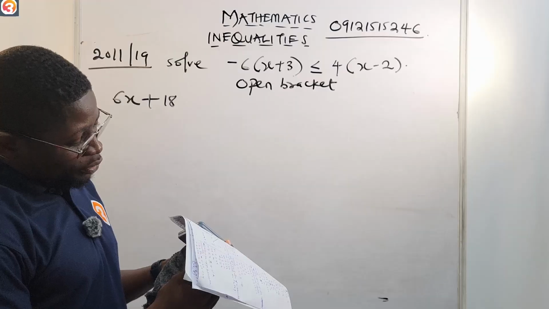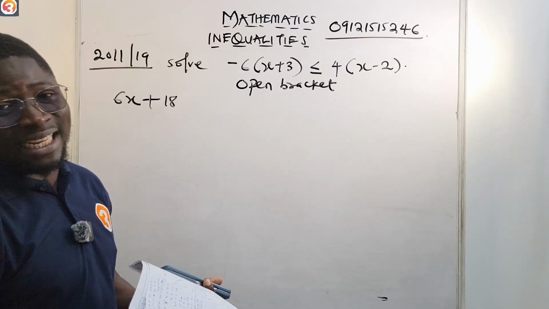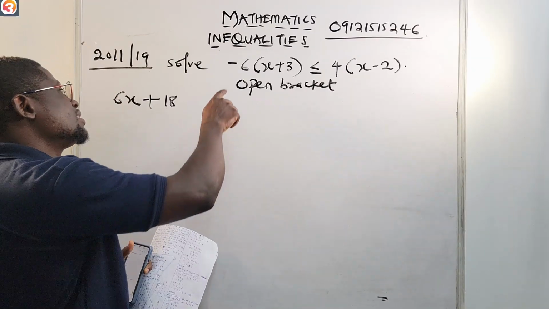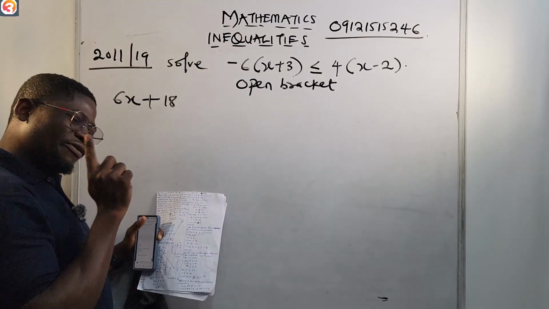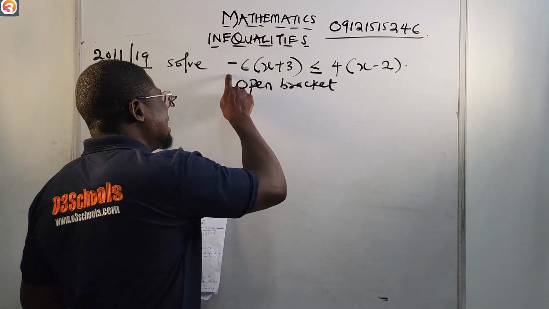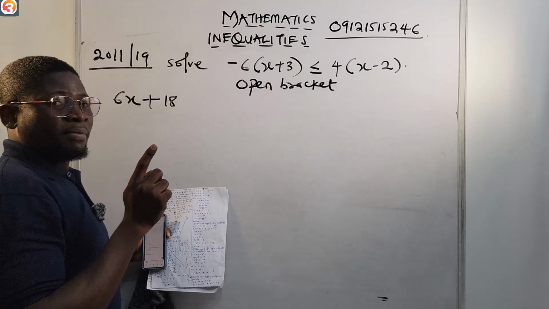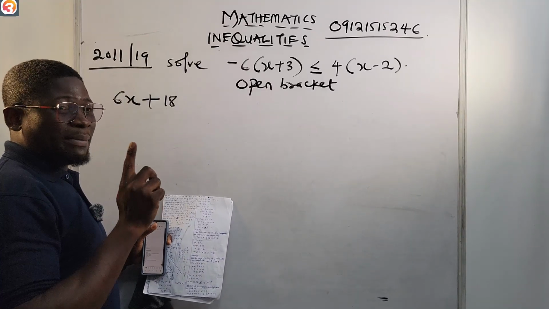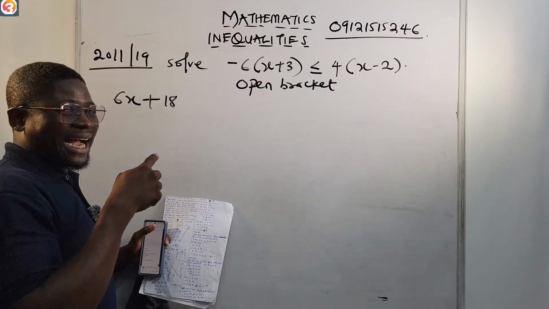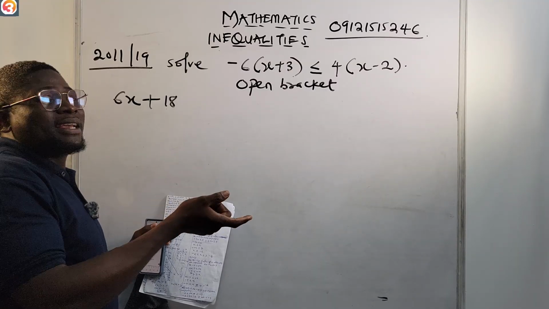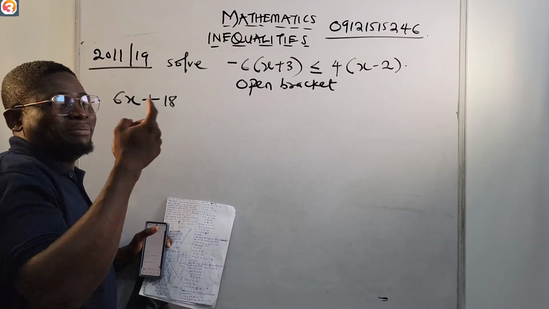I know some of you will have spotted the error. The error here is that it is not 6 that is multiplying this bracket. It is minus 6. Are we following? The first time I solved this question, I actually made a mistake. That's why I brought it back out, and I'm deliberately making the mistake so that you learn from my mistake.